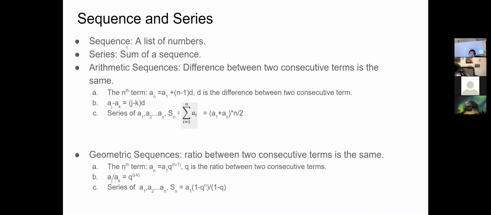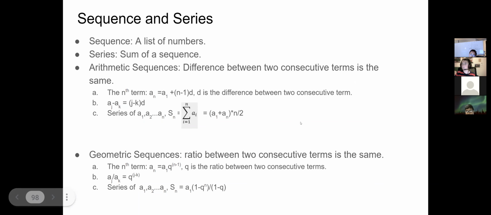So, sequence and series. A sequence is a list of numbers. A series is the sum of that sequence. We have arithmetic sequences, which means the difference between two consecutive terms is the same. For arithmetic sequences, this is all you need to know.